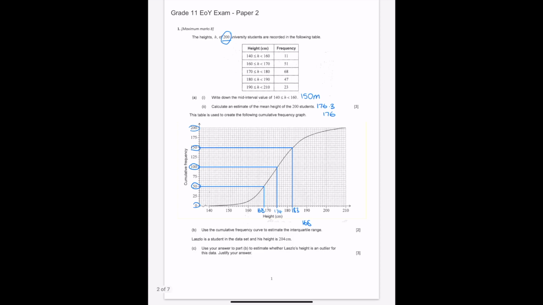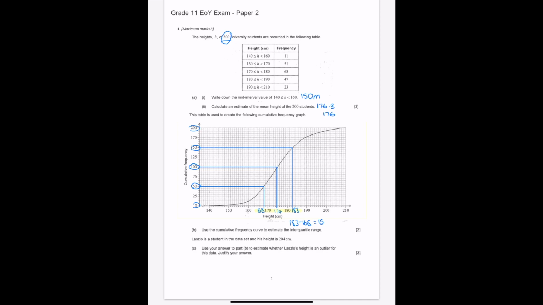So the interquartile range is 183 minus 168, and that gives us 15. So the interquartile range is 15. You do need to make sure you're reading off the cumulative frequency values, so these values here, and not off the original values of the data, this part here.